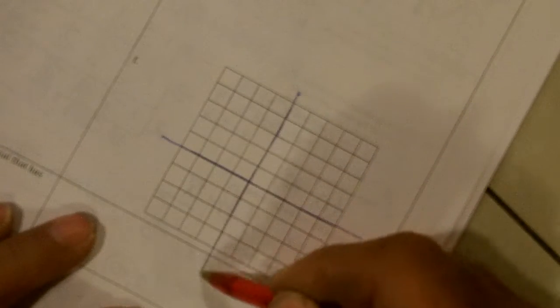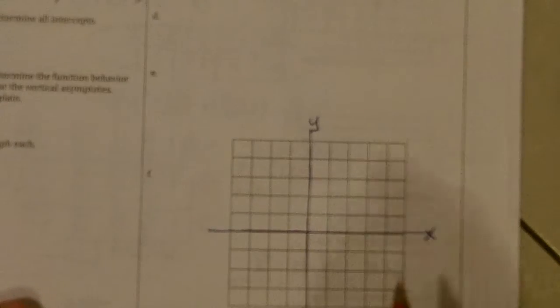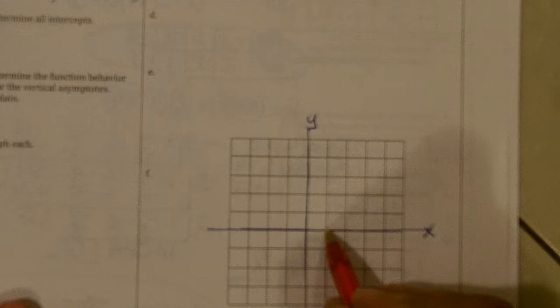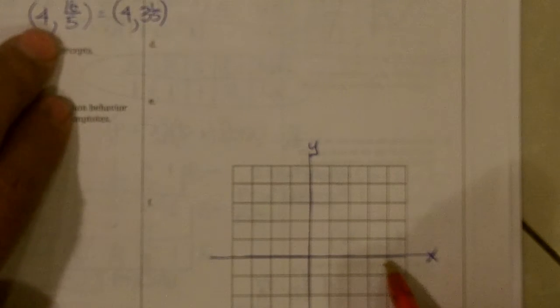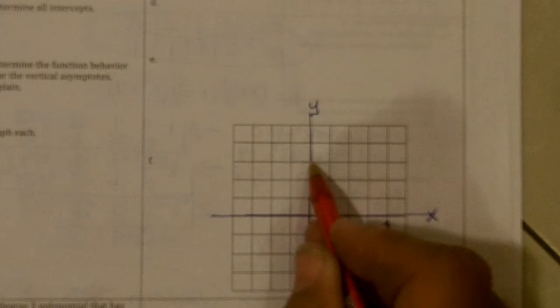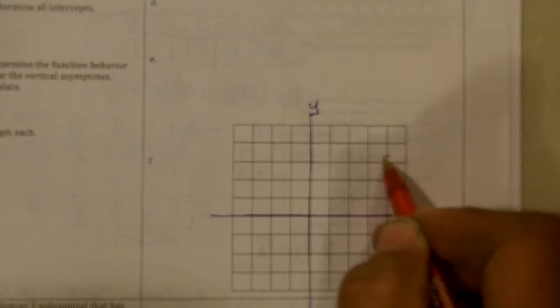I'll draw my x-axis here. My y-axis I'll put here. X, y, and I'll make each one 1, 2, 1, 2, 3, 4 at 4 and 1, 2, 3 and 1/5. There's a hole. Okay?